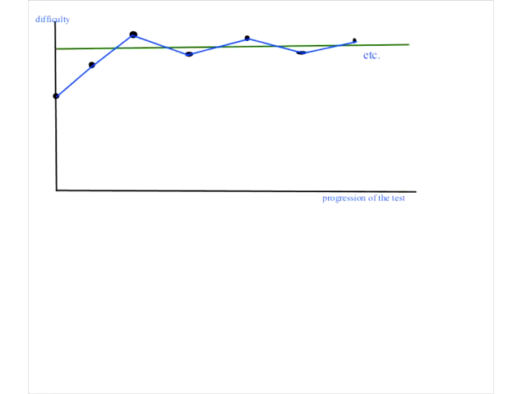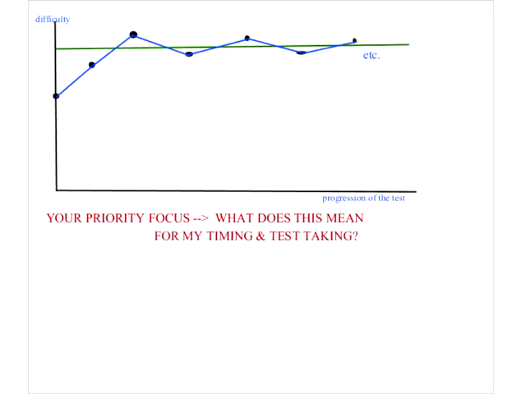This is inner workings, and ultimately you don't so much care about this. Instead, what you should care about is the result as far as your strategy goes. In other words, your priority focus is: what does this mean for my timing and test taking?